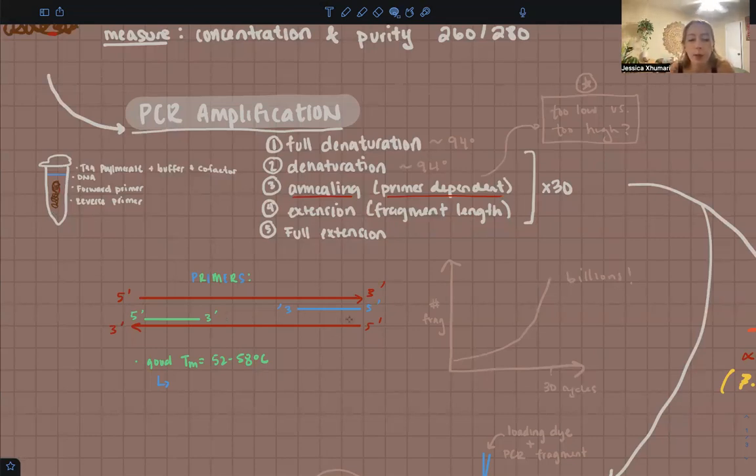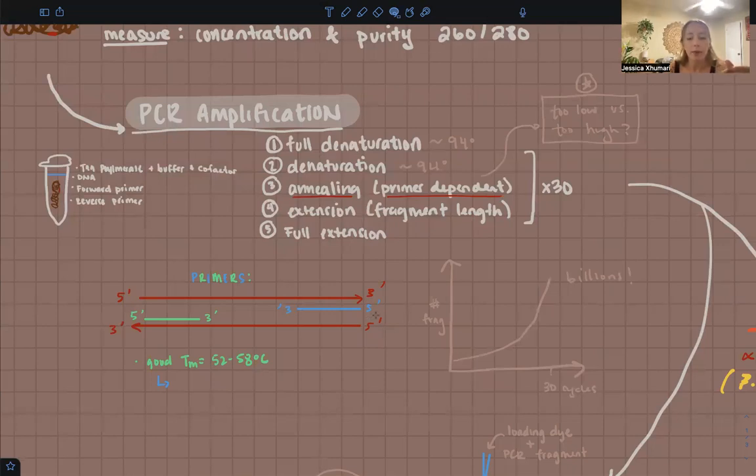So for the reverse primer, the first step would be, let's say 20, to get the last 20 base pairs and find the complement of those, okay? At that point, you're looking 3' to 5'.